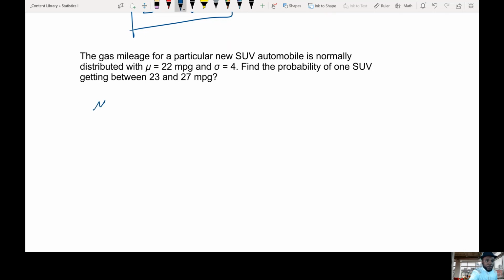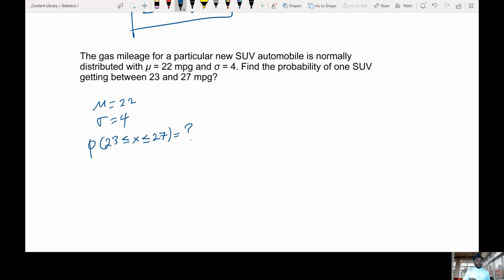So we're given here that mu is equal to 22. We're also given that the standard deviation is equal to 4. What are we trying to find? We are trying to find the probability of one SUV getting between 23 ≤ X ≤ 27.